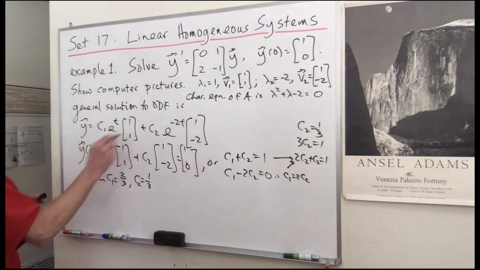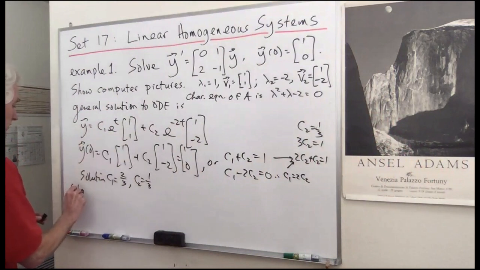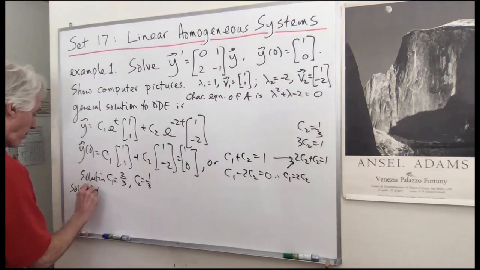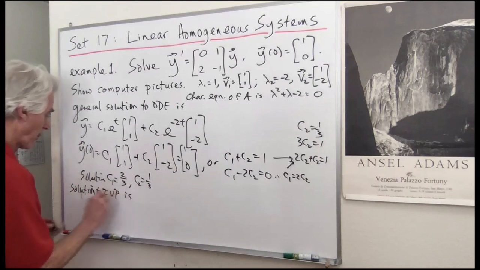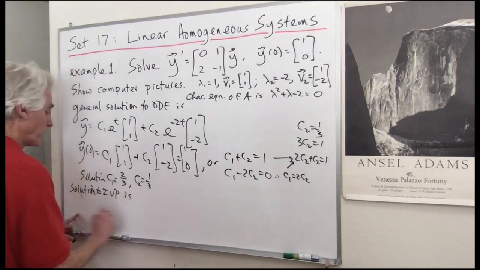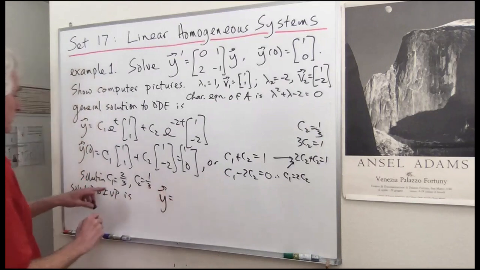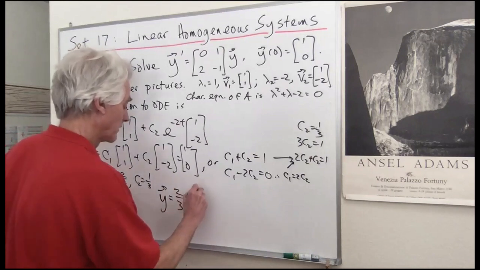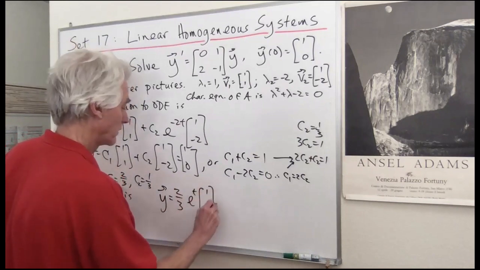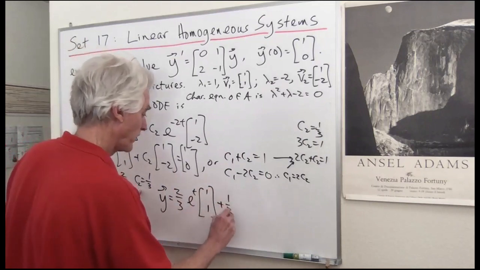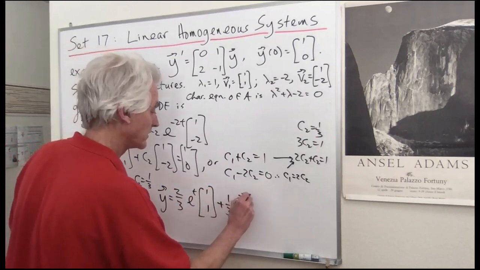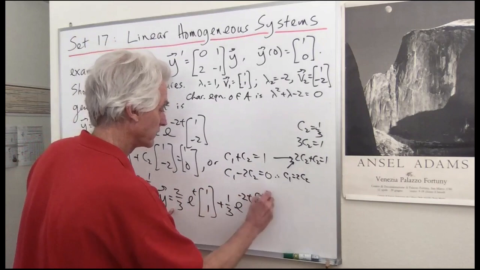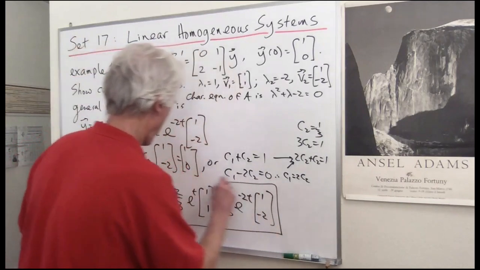So the solution to the IVP is going to be y equals 2/3 times e to the t times 1, 1, plus 1/3 e to the minus 2t times 1, minus 2. All right.